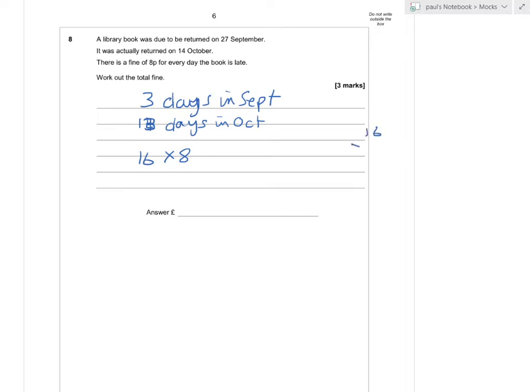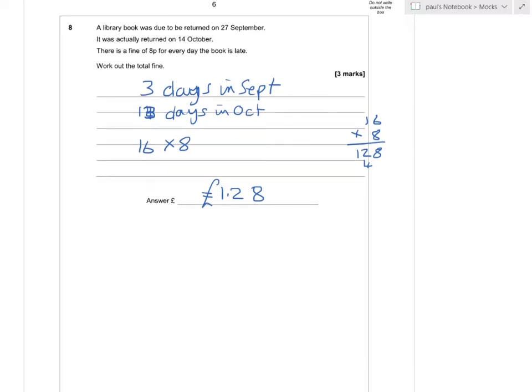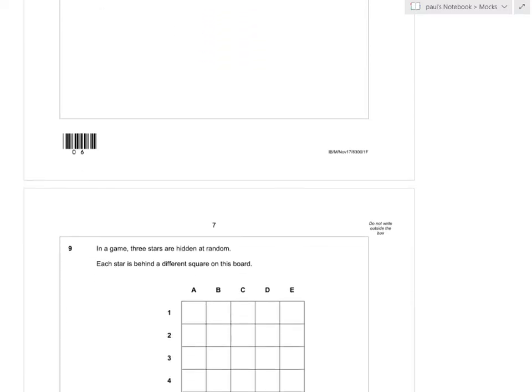Right, 16 times 8. 6 8s are 48, and 1 8 is 8, and 4 is 12. So we've got the number 128. So that is £1.28. Okay, I think that looks right.